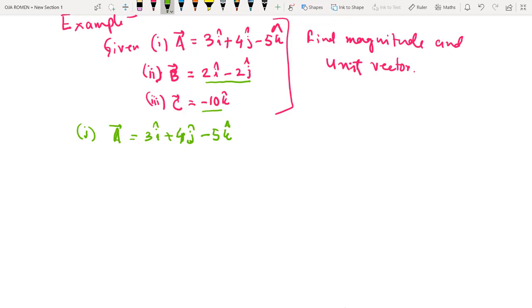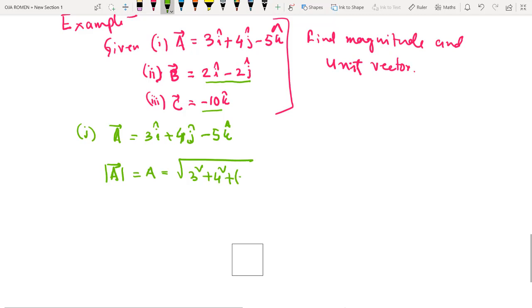minus 5K. Then the magnitude of A equal to 3 square plus 4 square plus minus 5 square. So this is 9 plus 16 plus 25.